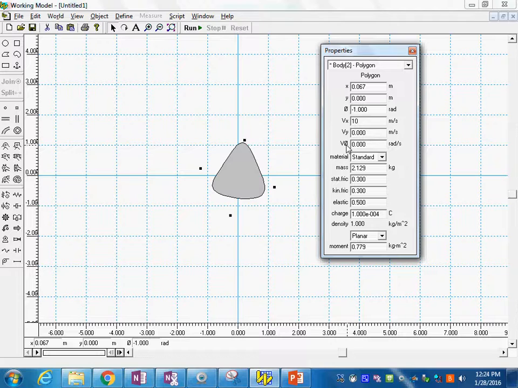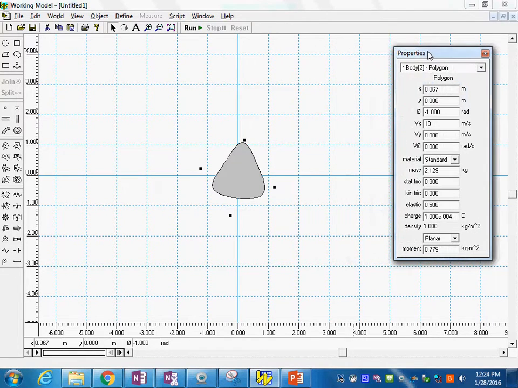And with this, if I click on run here, what am I saying? We're saying start at time 0, give this body, in meters per second, 10 meters per second speed to the right, and see what happens.